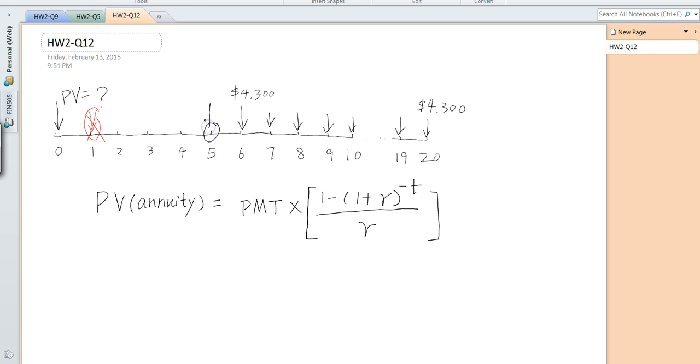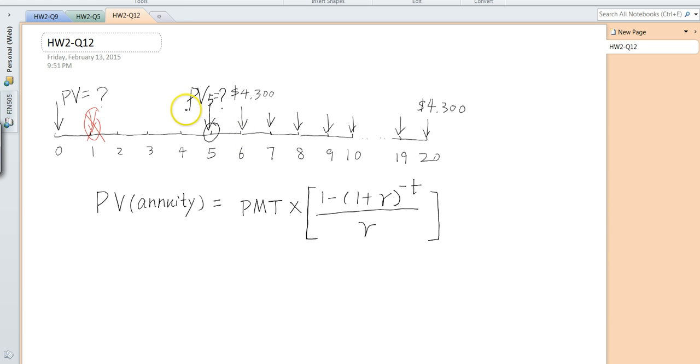So that means we can try to get the present value in terms of year 5 first. When we stand at year 5 and look forward, this is a classical ordinary annuity, because the first payment now starts from the end of the year.